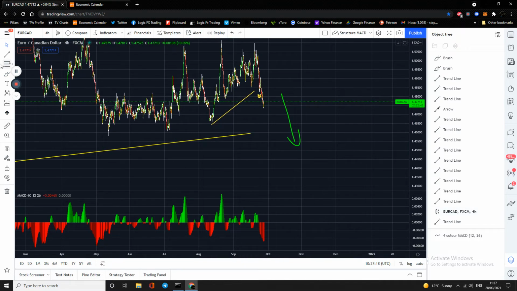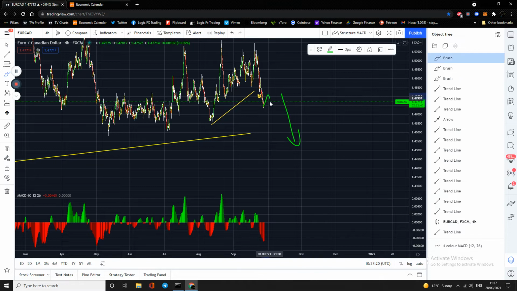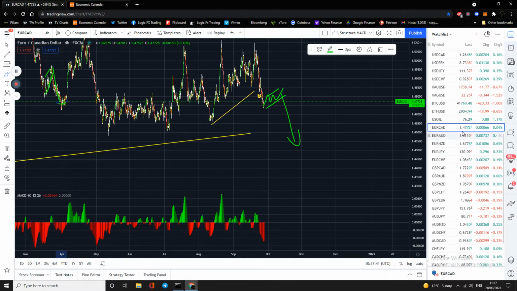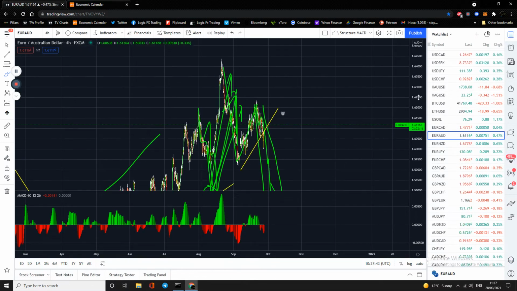But it should move in that direction. There might be better trades on the CAD, but I would still need to see some sort of setup. To be honest, there aren't many. I suppose that would have been a setup to go down to there, but it's difficult when something's moving like that. It's difficult to find setups, guys, unless it starts to move impulsively. So I'm not sure that the Euro CAD would be the best trade.